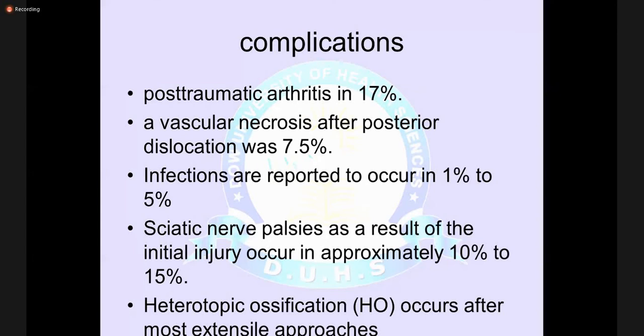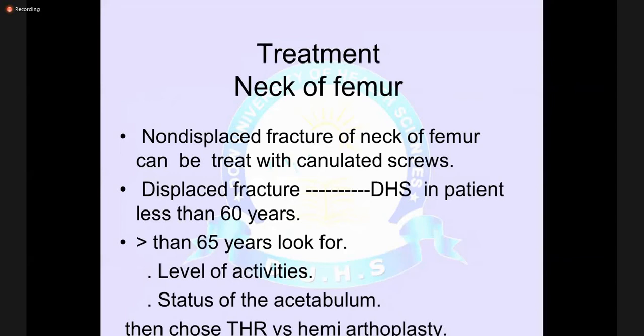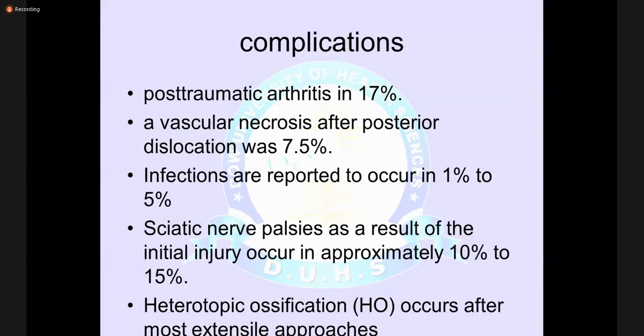So for approaching the acetabulum, we need extensive approach and extensive soft tissue manipulation. So it can cause heterotopic ossification. Deposition of calcium in the soft tissue is known as heterotopic ossification.